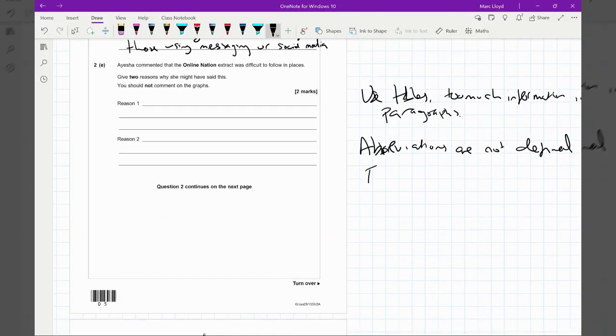Fractions written as words. So fractions as words and not in fraction notation. That's annoying. Inconsistent age groups used. That's mentioned earlier. I'll put inconsistent age groups used.